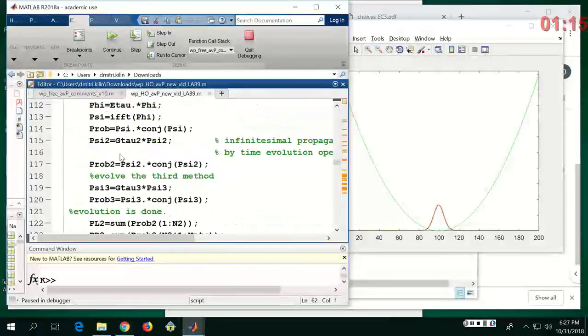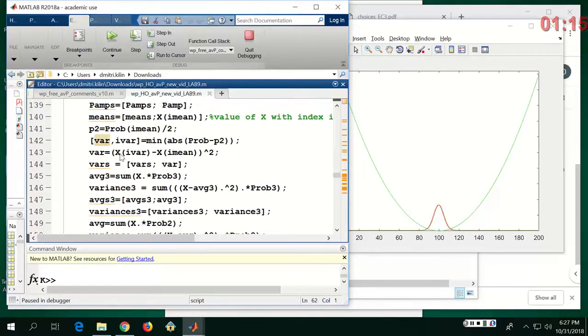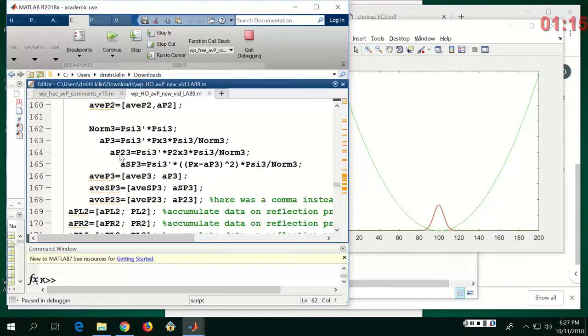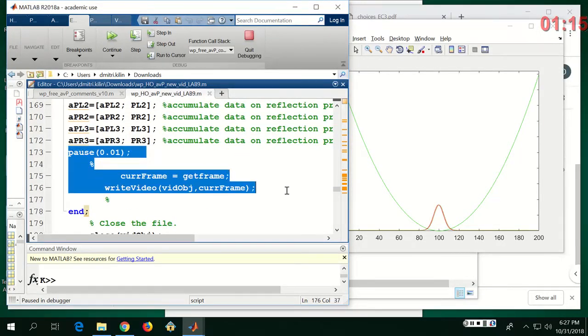What is important is that inside the loop, inside the cycle, you are doing, let me show it, to catch the screen again and again. So here are the commands. If you do not make this short pause, it may go too quickly. So you better put some simple pause, and then current frame equals get frame, and then in this write video you are adding the screen capture from the current step to this video object.